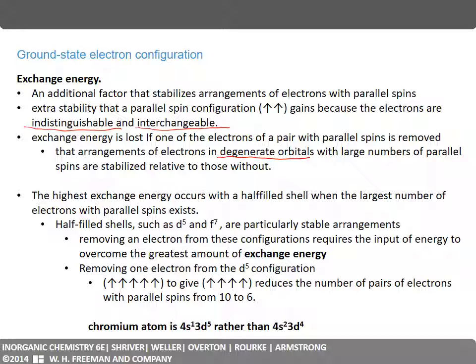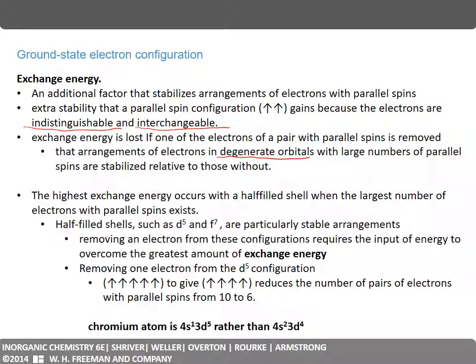Well, we have half-filled, one only. So we have a stable arrangement with this parallel spin configuration. A removal of an electron from this configuration will actually require an input of energy to overcome this great amount of exchange energy.